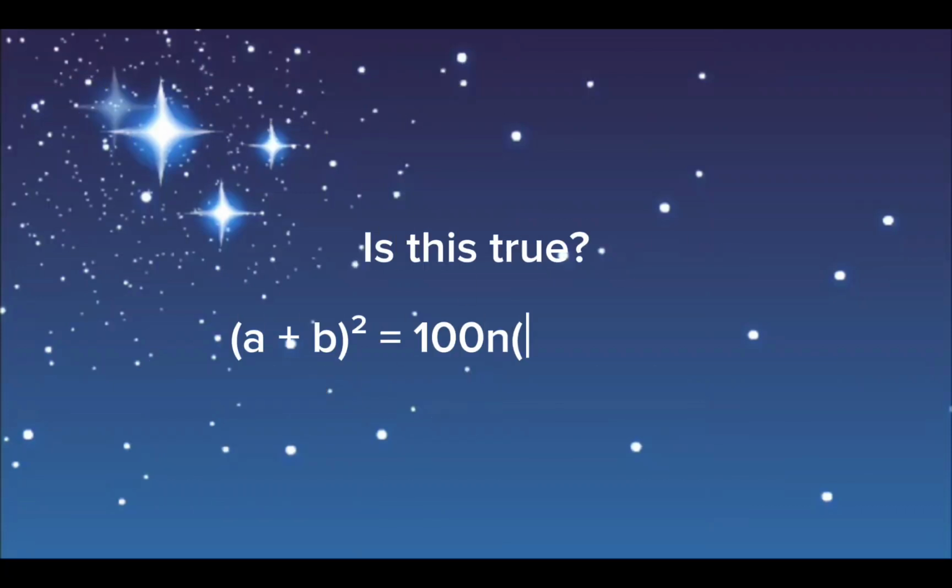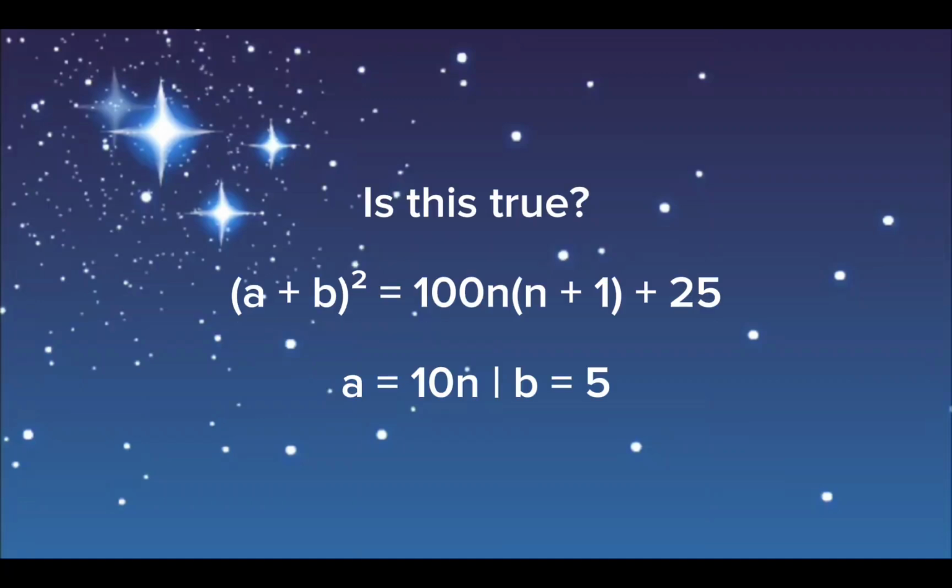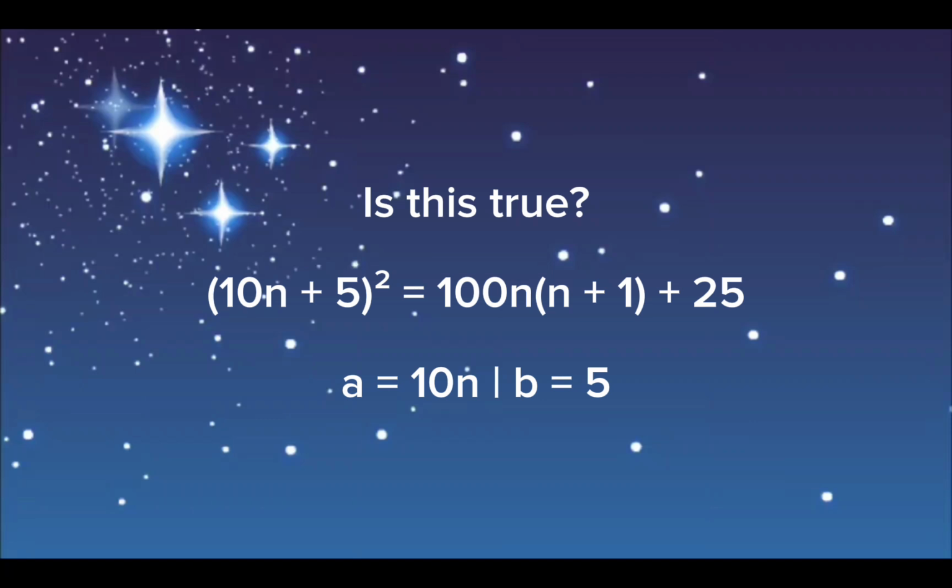Now, you might ask, are (a + b) squared and 100n(n + 1) + 25 the same thing? Because if we substitute a equals 10n and b equals 5, the equality holds. But that's only if you substitute the variables a equals 10n and b equals 5, which does make the equality true.